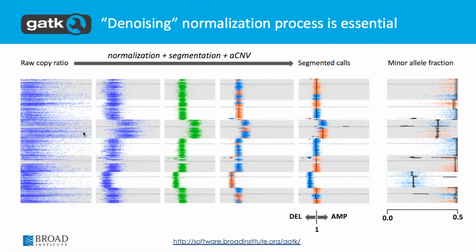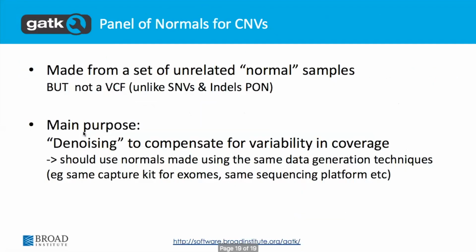Okay. So there's a progression of multiple steps where you go from raw copy ratios to proportional coverage, normalization, denoising, segmentation, and in addition to that, we can also compute the minor allele frequency of specific alleles. Okay? We'll go into a lot of detail on that tomorrow afternoon.